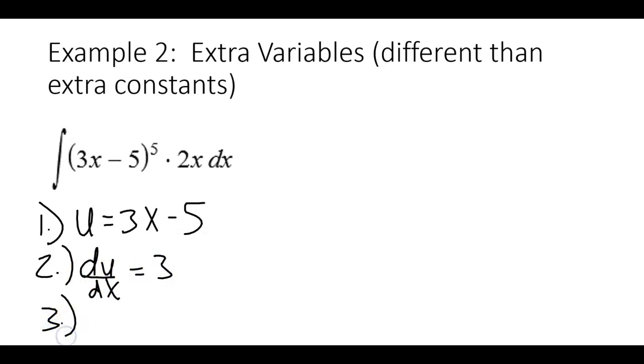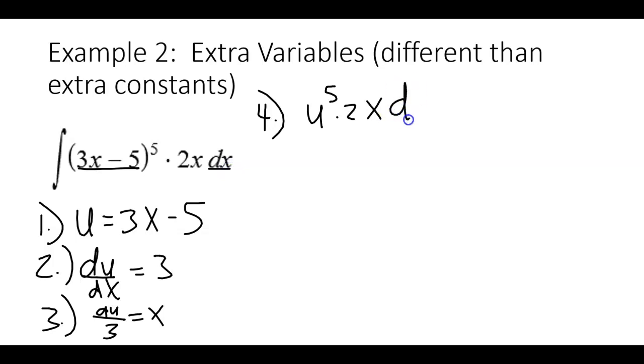Step 3, we want to get dx by itself, in which case we're going to end up with du over 3 equals dx. All right, step 4, we're ready to do our u substitution. So I'm going to replace this with u, and I'm going to replace this with du over 3.